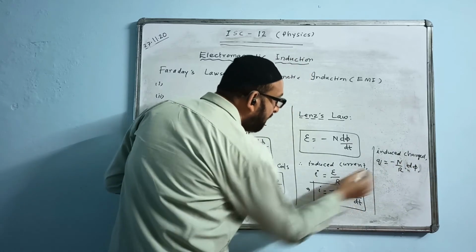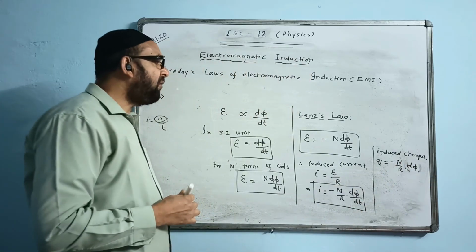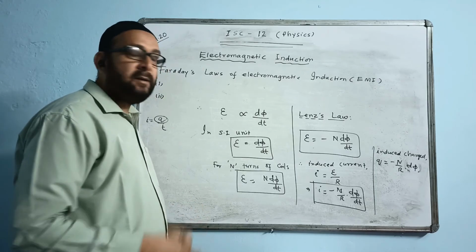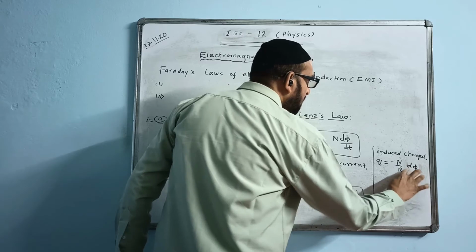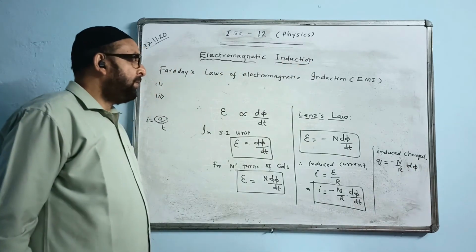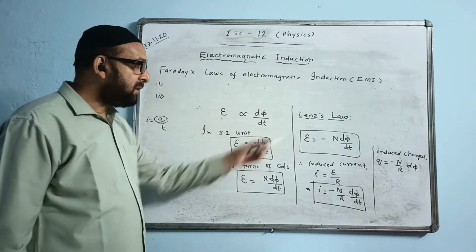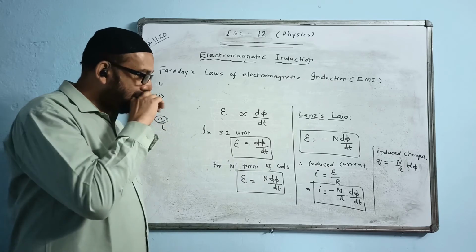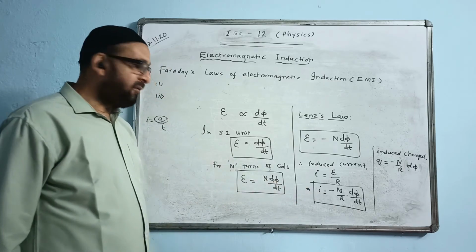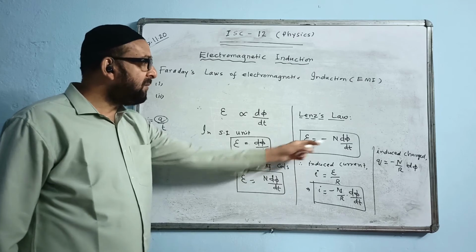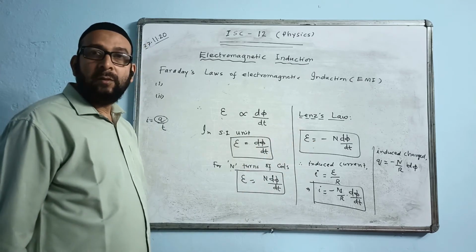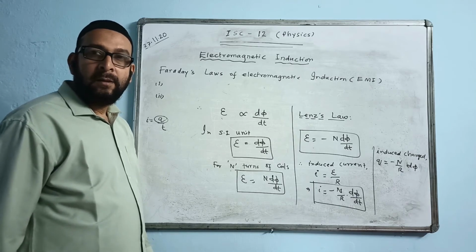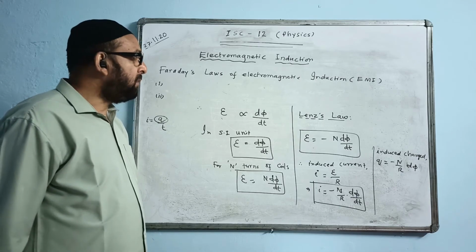So this is the formula of induced charge, minus N by R d phi. So these are the formulas of induced charge, induced current, and induced EMF. The minus sign tells you the Lenz's law, the opposition part.